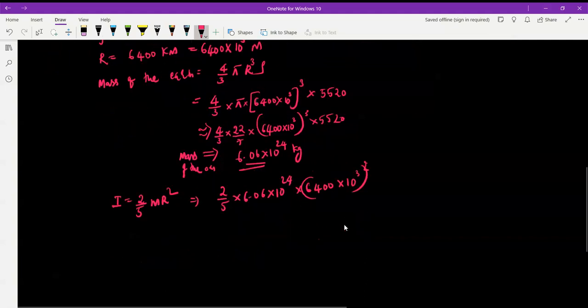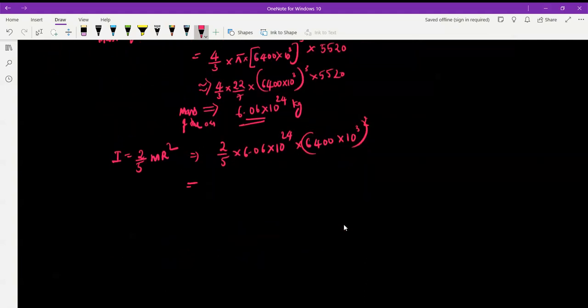Now, these kind of calculations with big numbers, how do we do them? So 2 by 5 into 6.06 into 10 to the power of 24 into, here 6400 is 6.4 into 10 to the power of 3 into 10 to the power of 3 whole square.